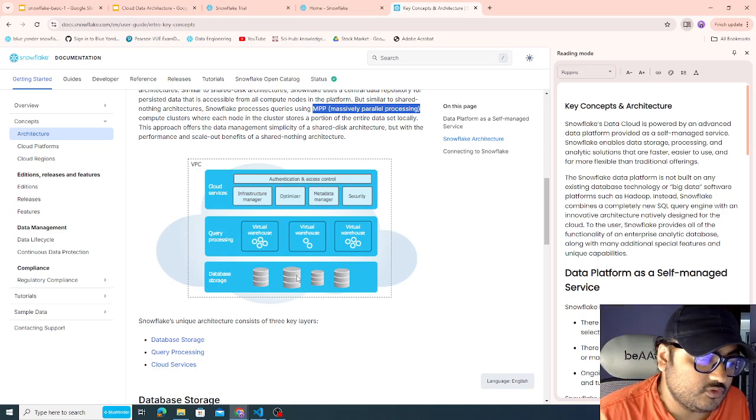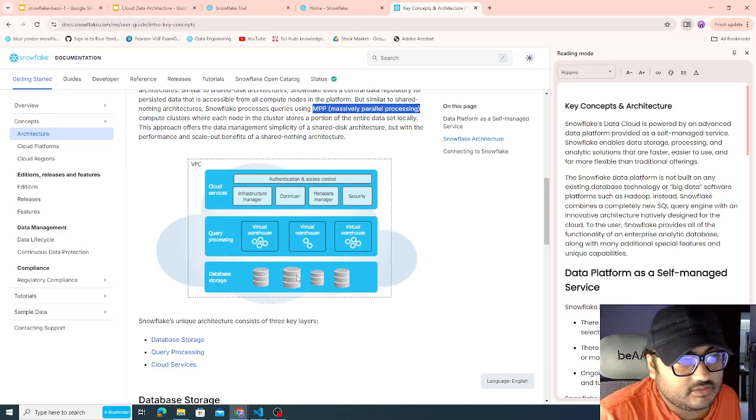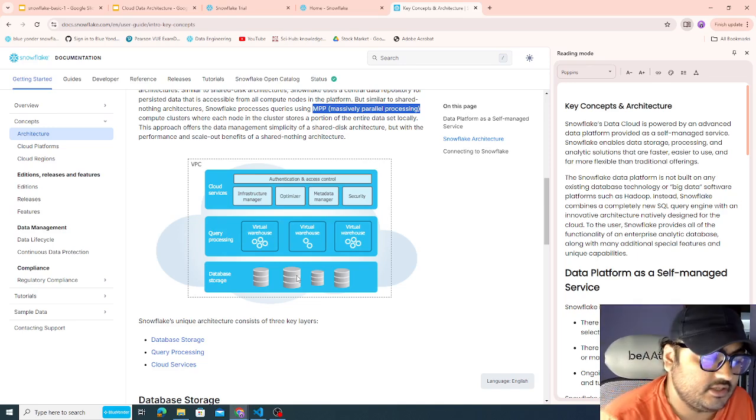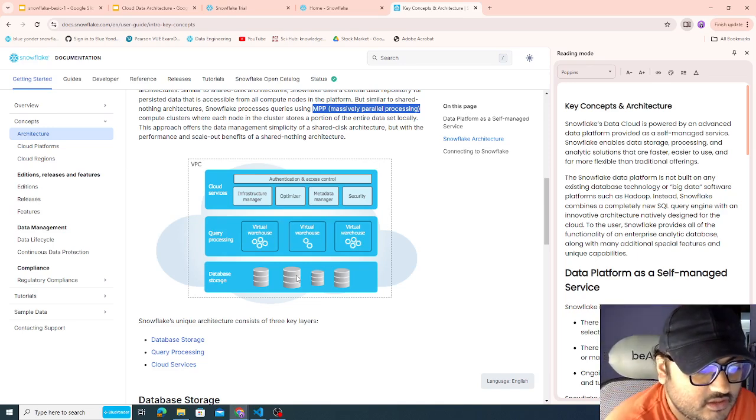Then you can use a larger one to run some complex reports, and even more clusters to power your recommendation engines. So if you have recommendations running on your retail website, you can use Snowflake's multi-cluster architecture to power the recommendation engine.